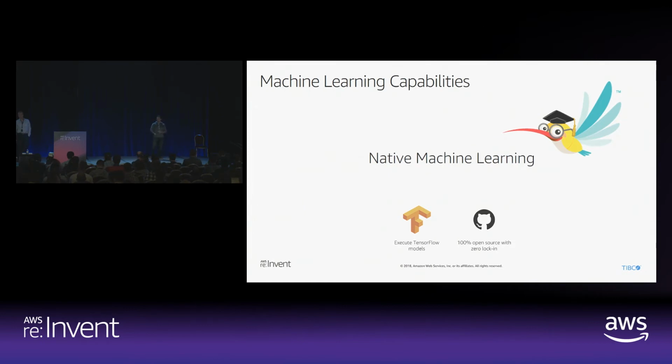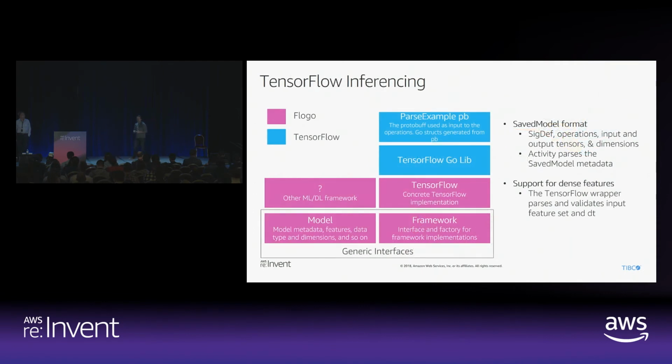And again, that's all open source. The way we built the TensorFlow inferencing capabilities was in a modular form. We built a generic model and framework implementation, and then we abstracted away the TensorFlow details from FlowGo itself, and then we built the native FlowGo implementation on top of those interfaces.